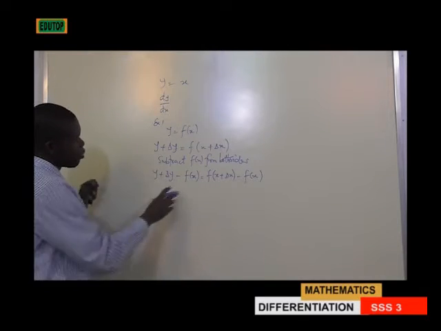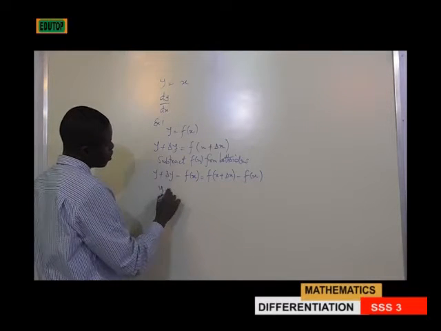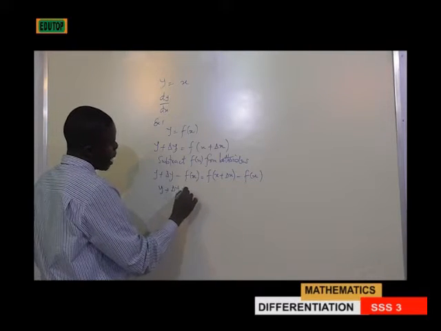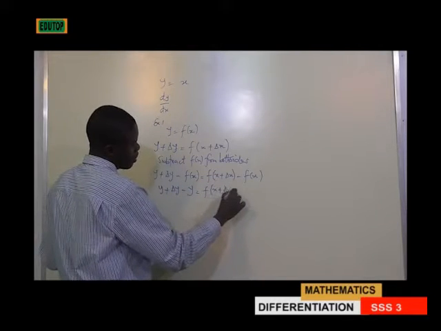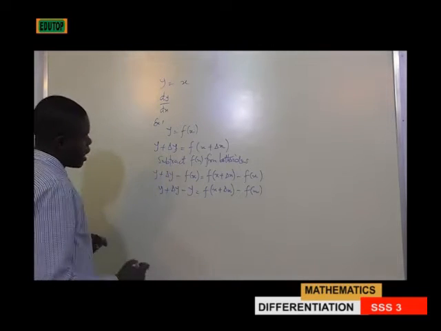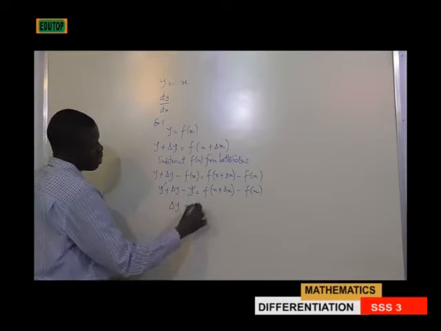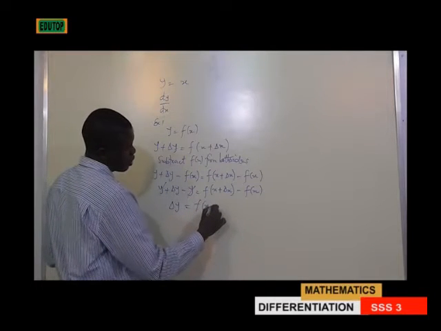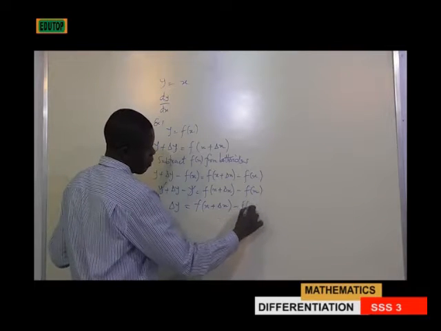So in that situation, since we know that our y equals f of x, we can say y plus change in y minus y is equal to f of x plus change in x minus f of x. Then this y can cancel this, and we have change in y equal to f of x plus change in x minus f of x.